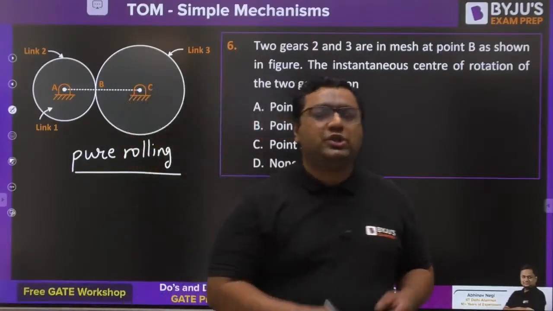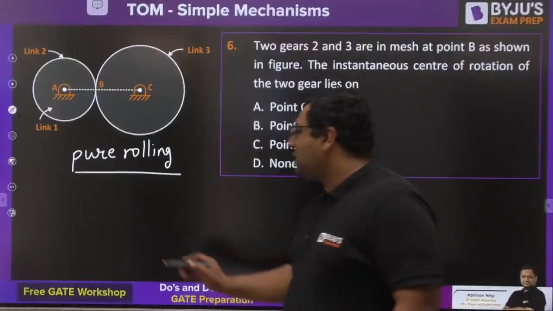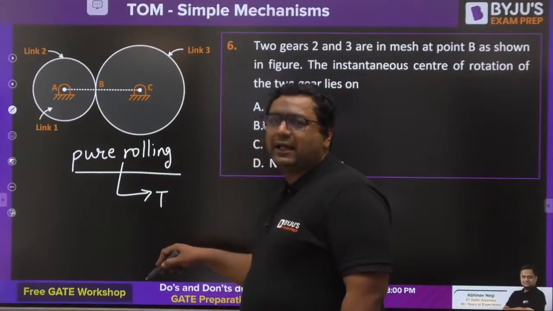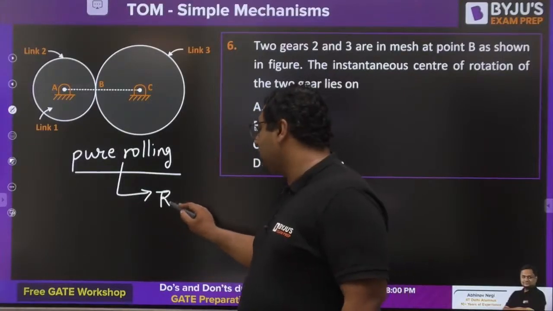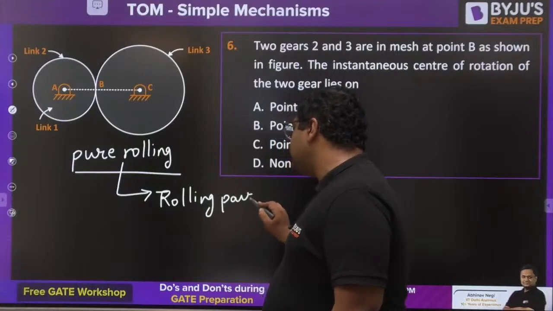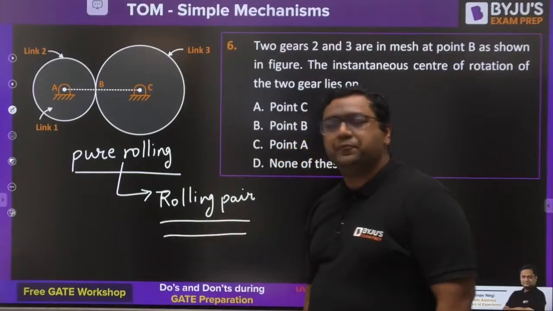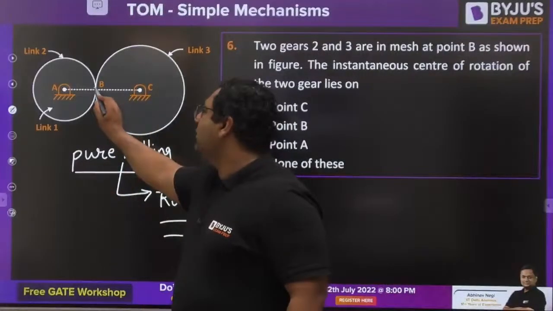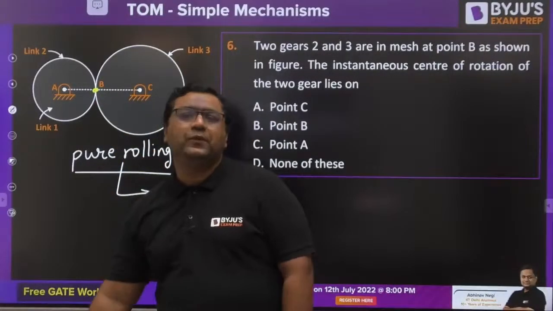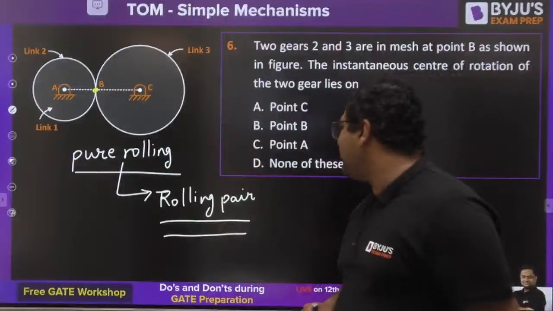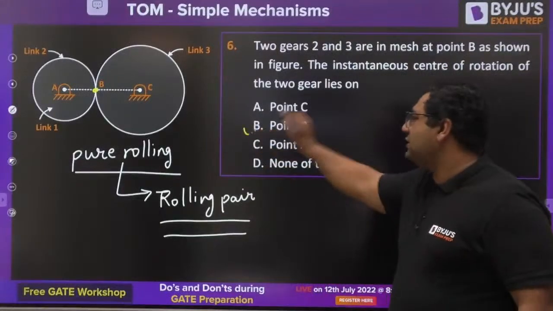And whenever the motion is pure rolling, such kind of pairs come under the category of which pair? Rolling pair. And in case of the rolling pair, the I center lies at the point of contact. I feel everybody would be clear that B is the point of contact. So B will be acting like the I center for this case. The answer is B for this.